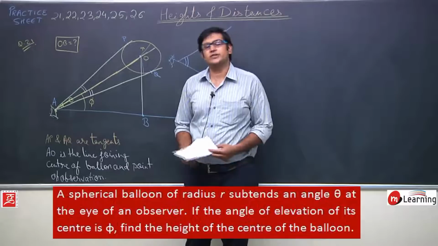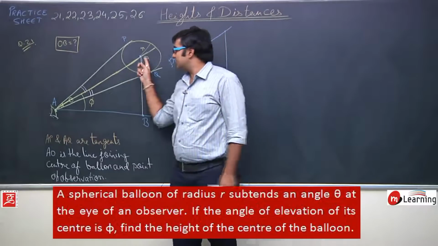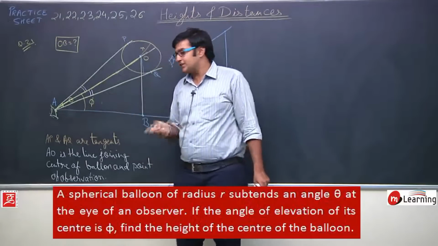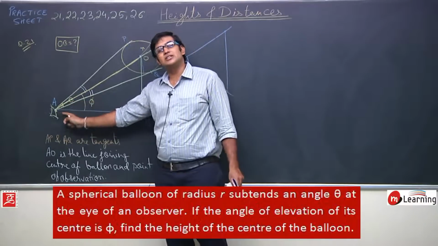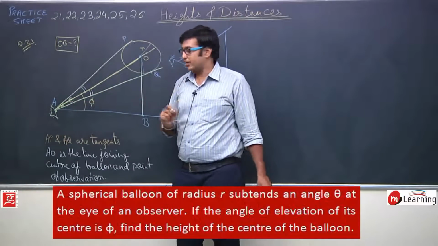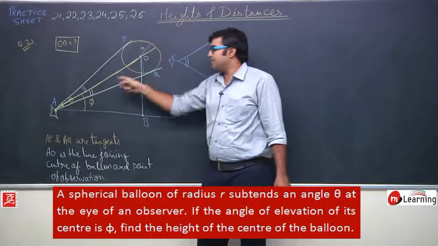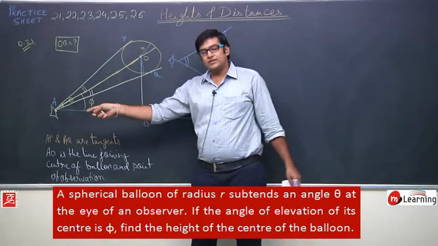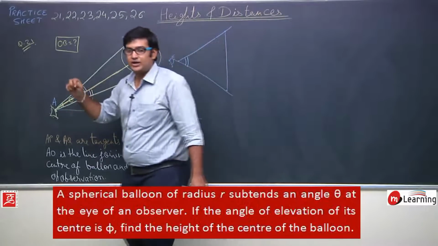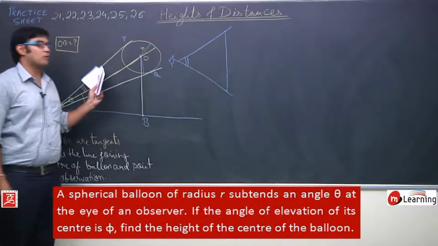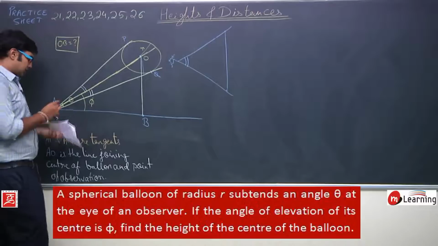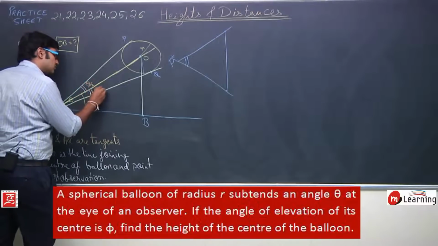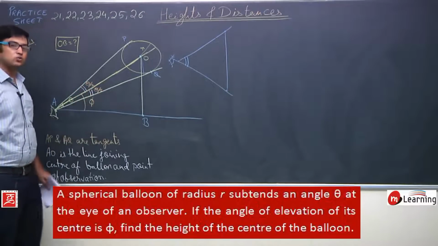This is a property of circles. The two tangents drawn are AP and AQ, so definitely this AO line bisects the angle formed. So this angle is theta by 2 and this angle is also theta by 2.